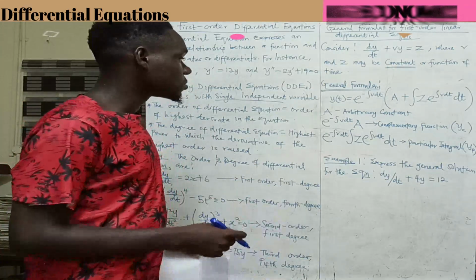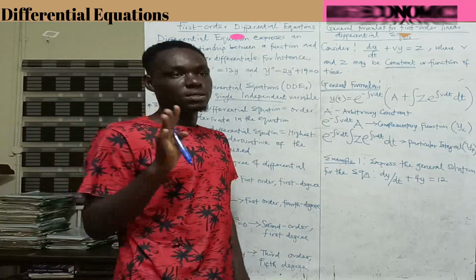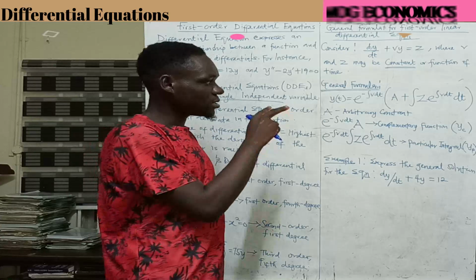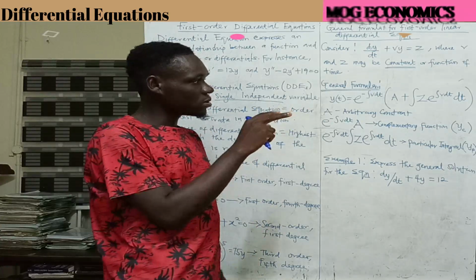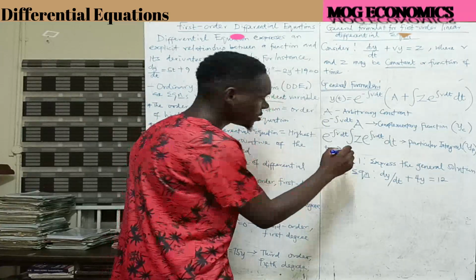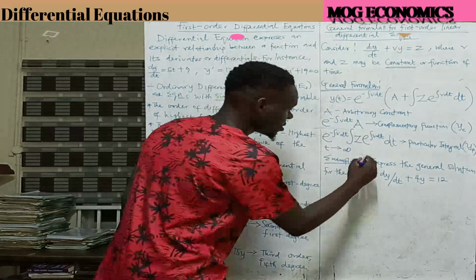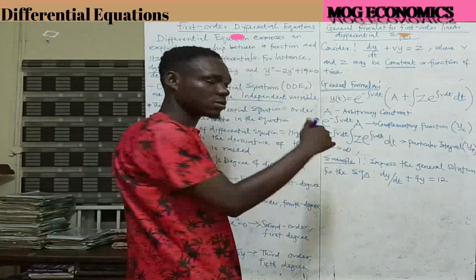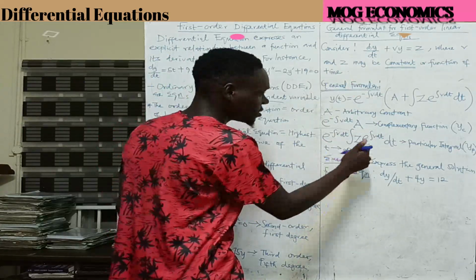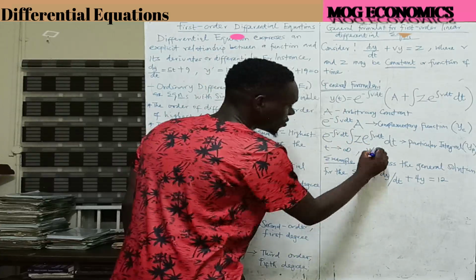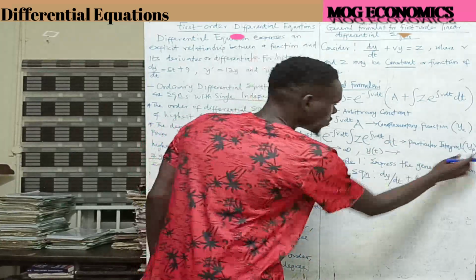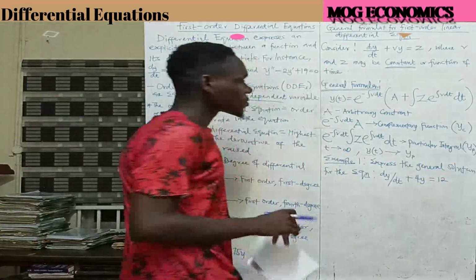Alright, so just like we were made to understand in the case of the difference equation, for this differential equation to be stable, as time approaches infinity, this equation will approach our intertemporal equilibrium.